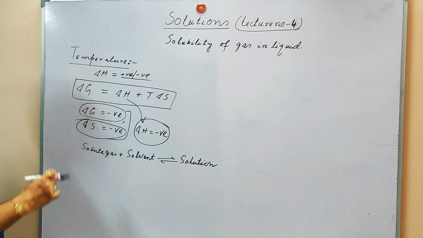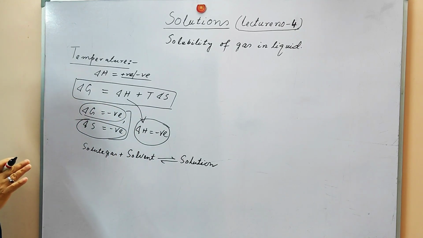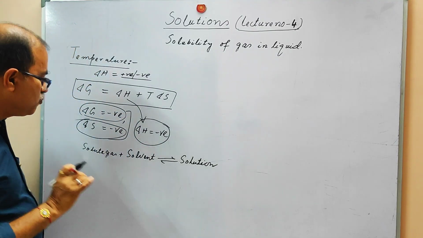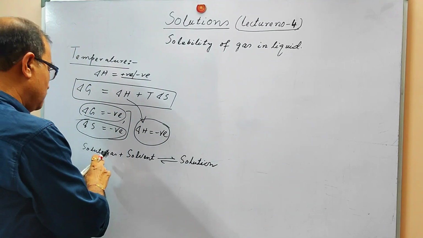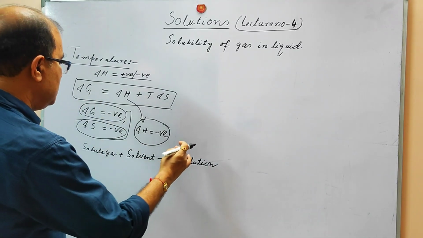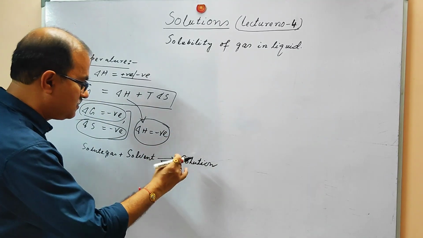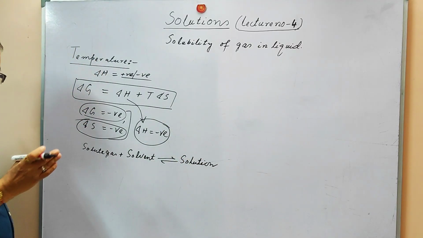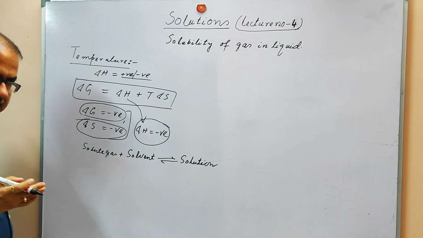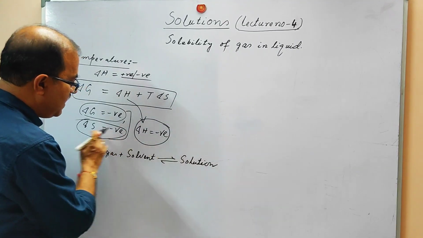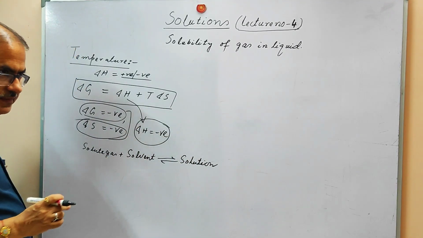We already understand there is a dynamic equilibrium achieved. It works in both ways: solute gas will go into solution, and some gas solute particles in the solution will come back to the atmosphere.